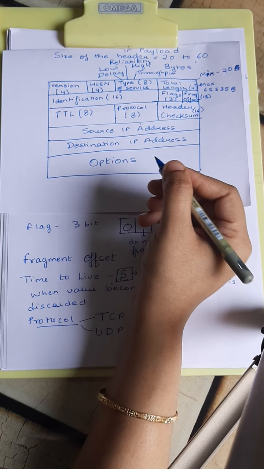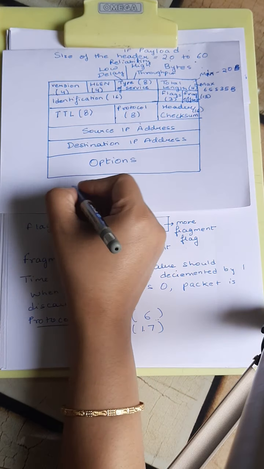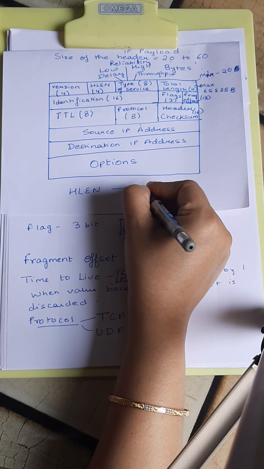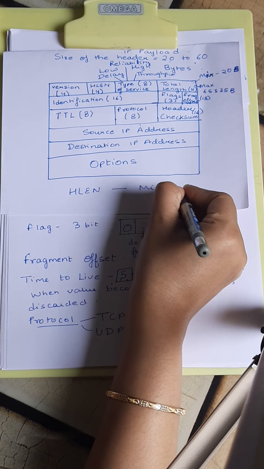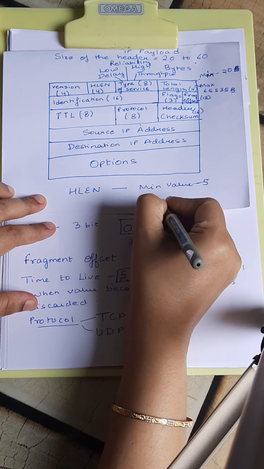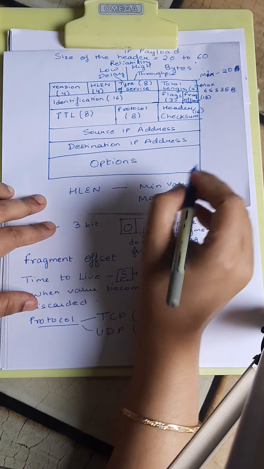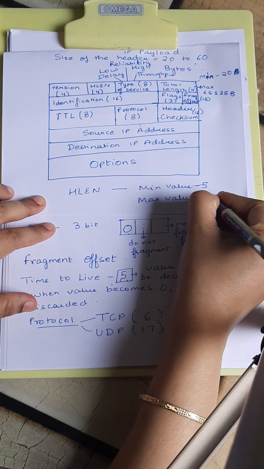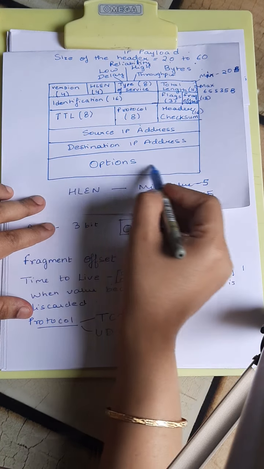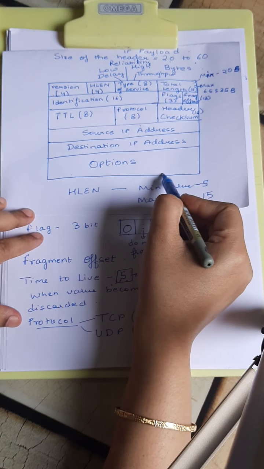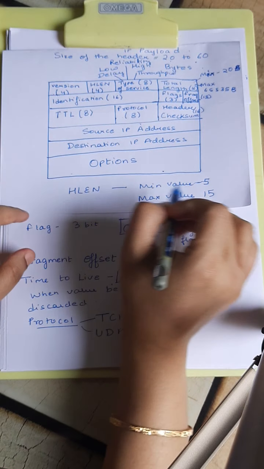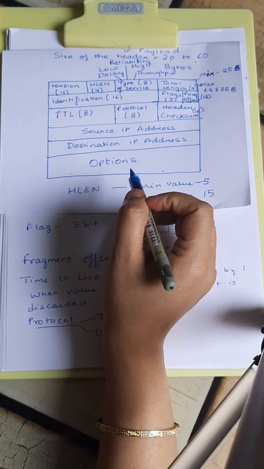Normally your header length, the h-length value, has a minimum value of 5 and a maximum value of 15. So if the value is greater than 5, we give the rest of the information here in options. This is the reserved one. This is the full structure of the IP packet.